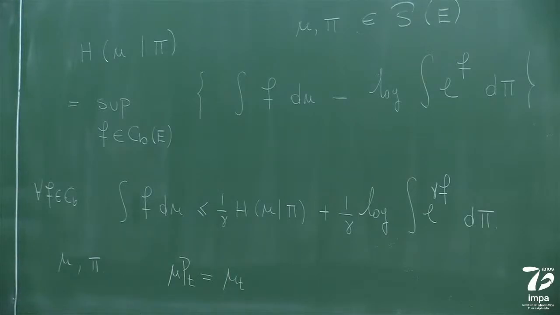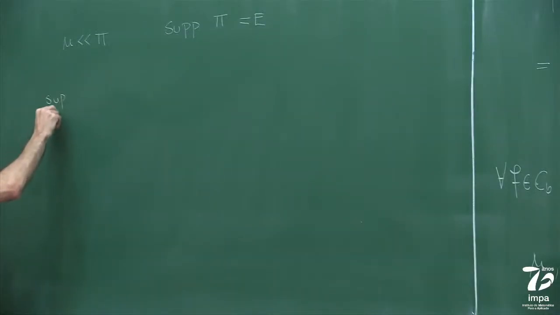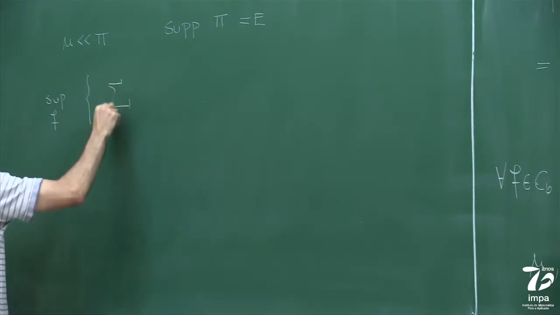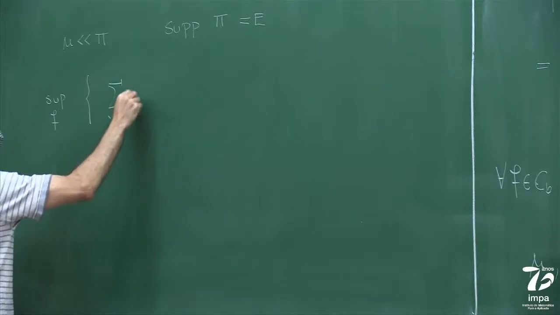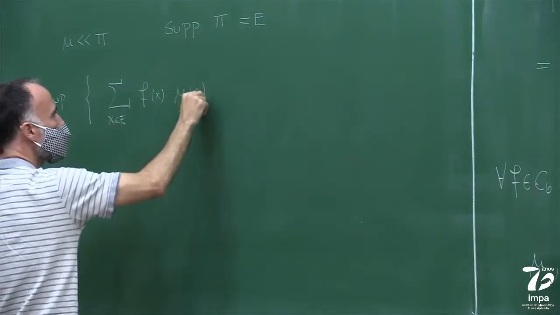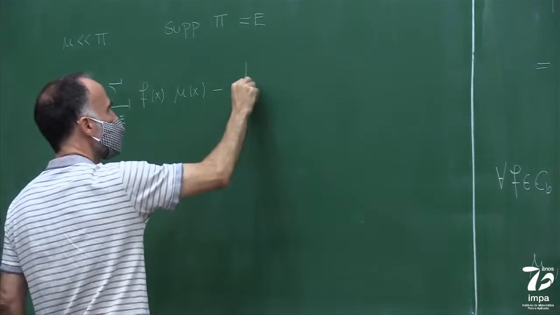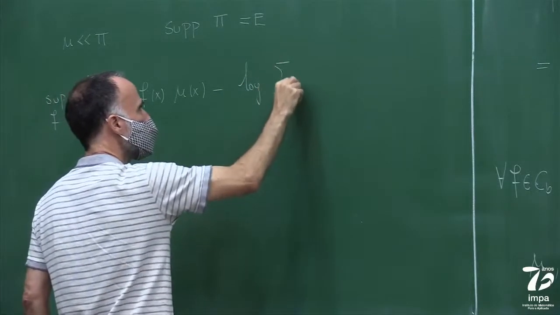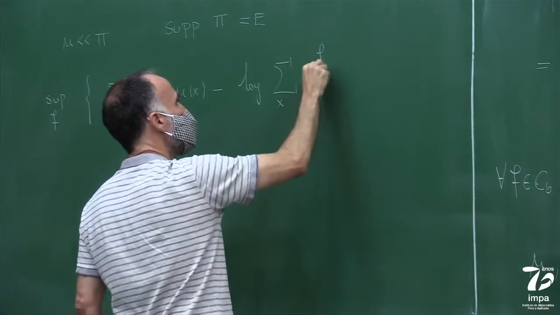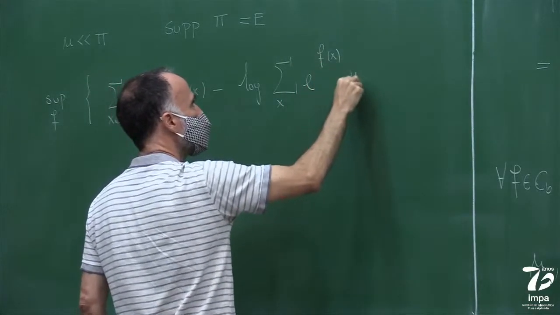So what I have is a supremum over f of the sum for x in E of f x times mu x minus the log of the sum over x of the exponential of f x times pi x.